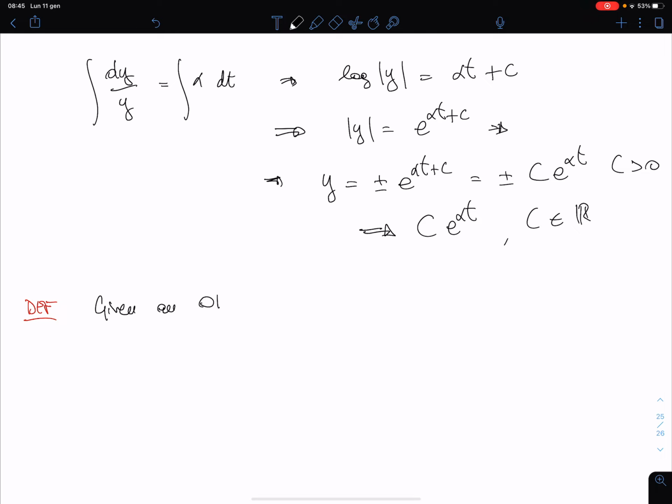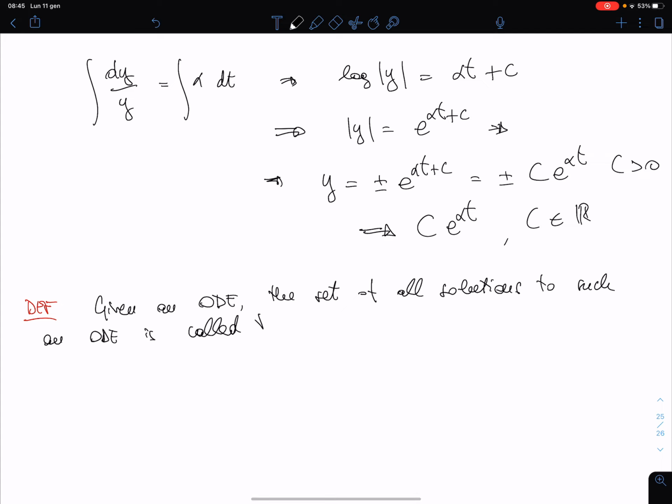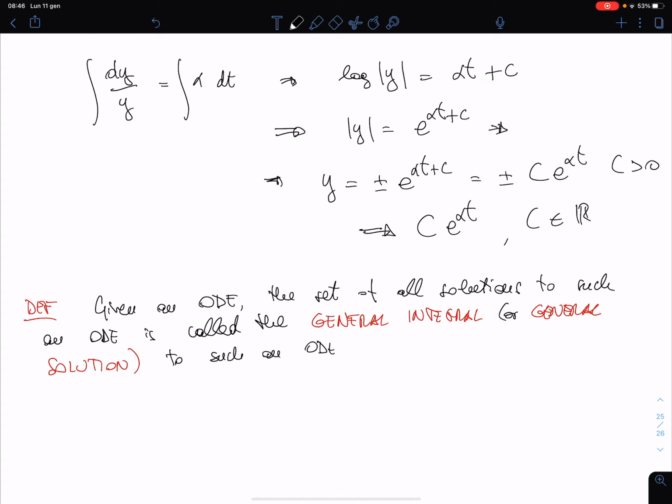Given an ODE, an ordinary differential equation, the set of all solutions to such ODE is called the general integral or general solution.